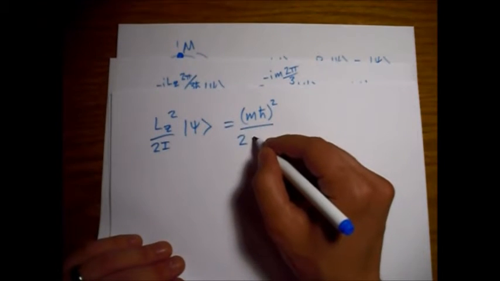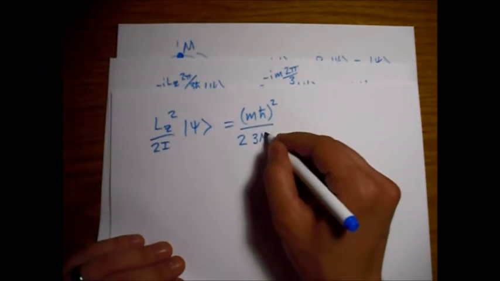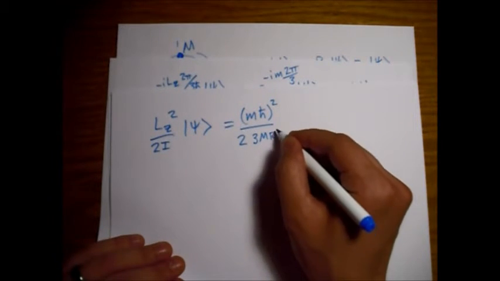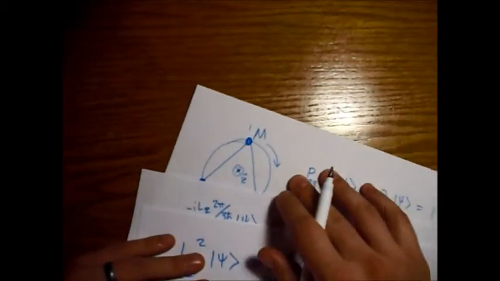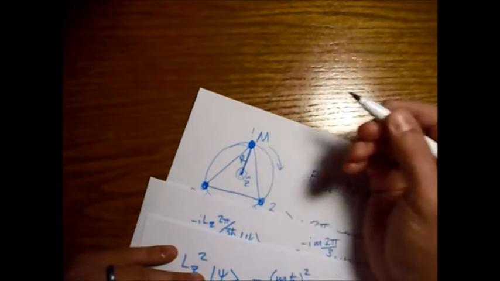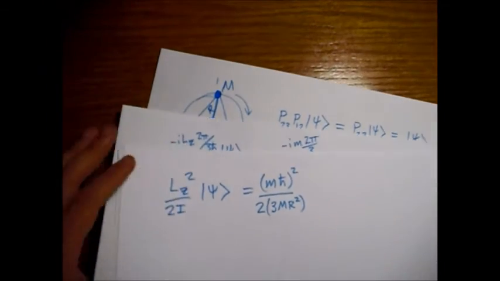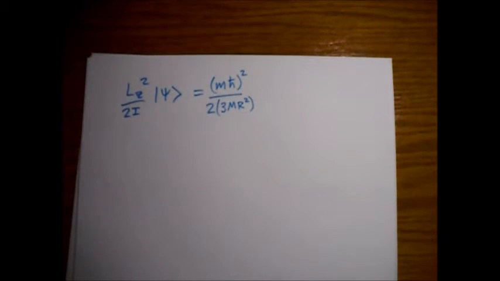So that's just going to be, there are 3 of them, 3 M r squared. Another thing I forgot to write, this circle will have a radius which we'll call big R. A few minor details we forgot here.